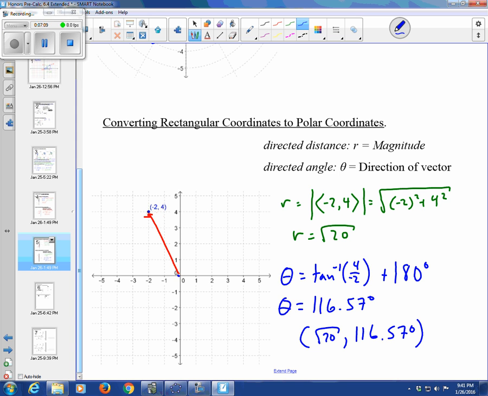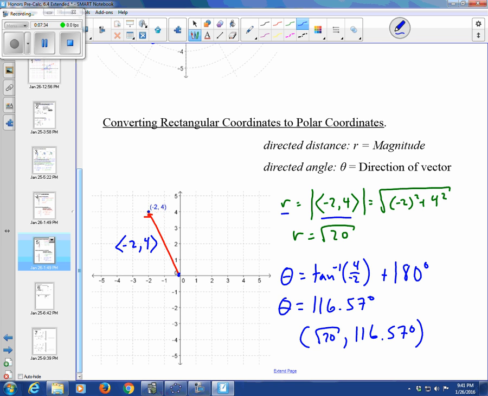Basically, again, what we want to think is extend a vector from the origin to that point. That vector is then going to have the horizontal component of 2 and the vertical component of 4. And now, if we get the magnitude of that vector, that is going to give us the distance we have to travel from the origin. And if we evaluate the angle of that vector, we're going to get the direction that we have to extend that length in.